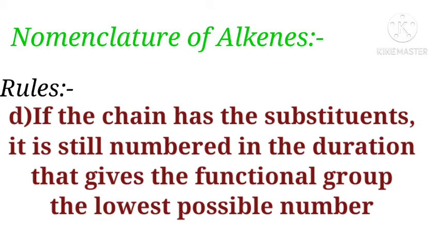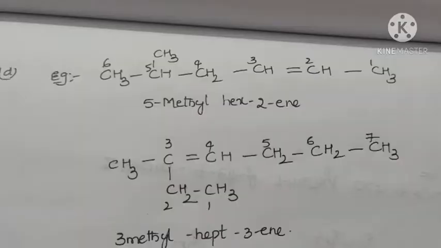And the fourth rule for naming alkenes is that if the chain contains substituents, it is still numbered in the direction that gives the functional group the lowest possible number. Look at this example. The longest continuous chain has 6 carbons, and a methyl substituent is present, but we number the longest chain so the double bonded carbon atom gets the lowest possible number.